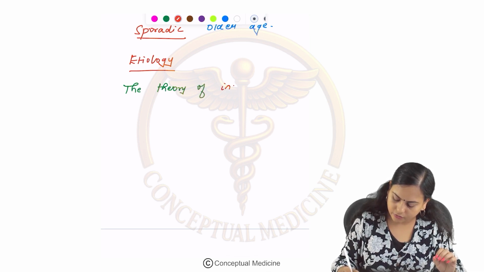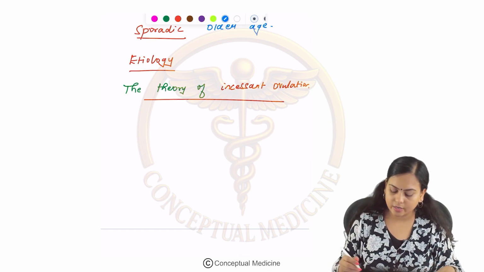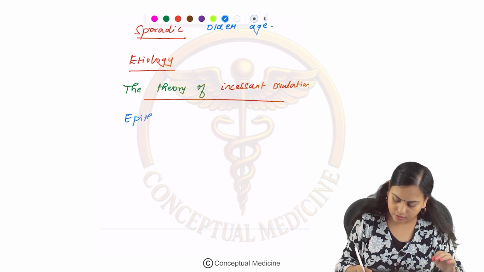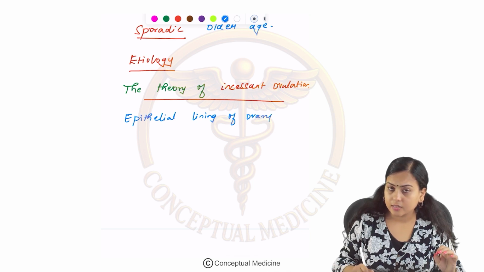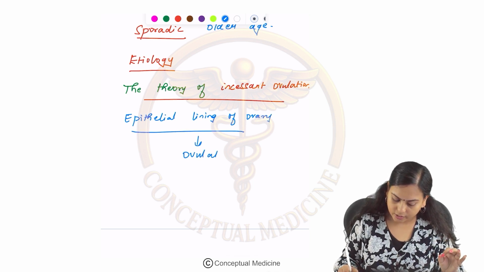Okay, the theory of incessant ovulation. So what does this theory say? You have to know that the epithelial lining of the ovary may be sensitive to events like ovulation.